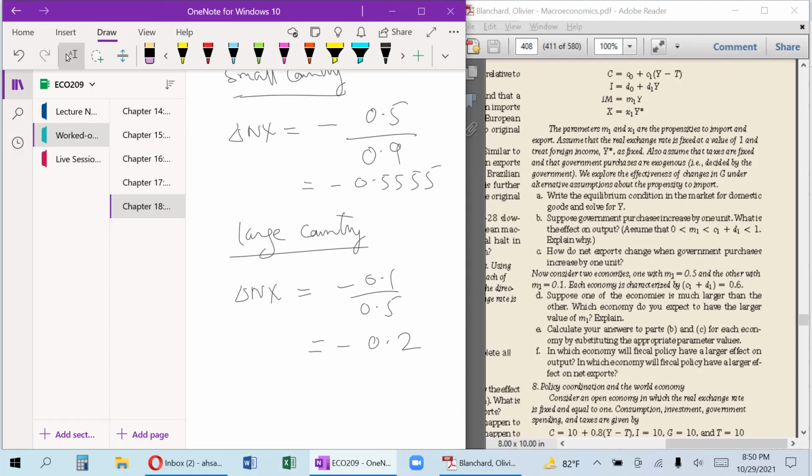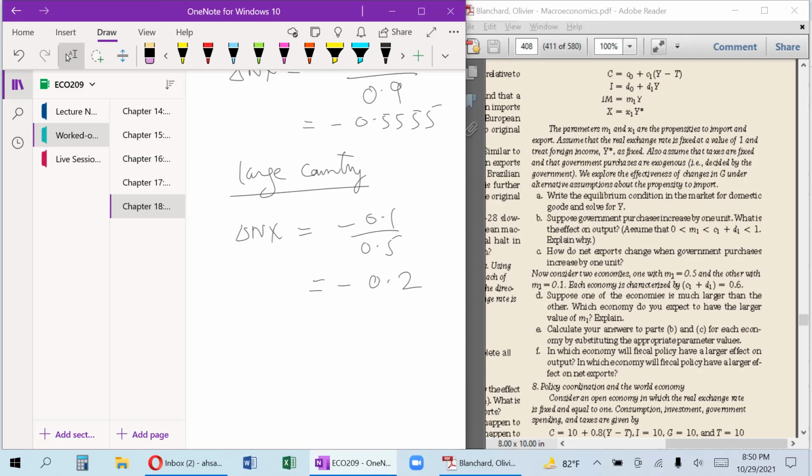That's the answer to part E. Of course, the maths is fairly simple, basic arithmetic that you can all do, but do spend some time trying to figure out the theory behind it and what these numbers actually mean. What are the implications of these numbers? That's what's important in Eco 209.